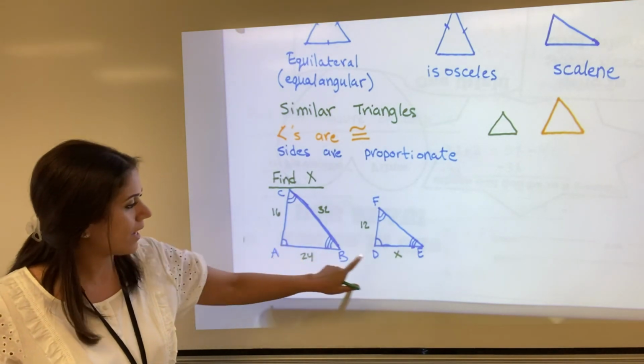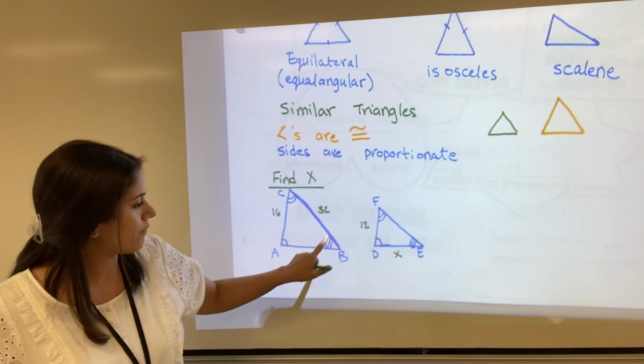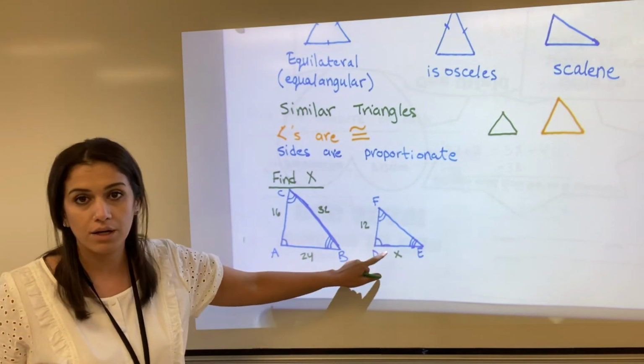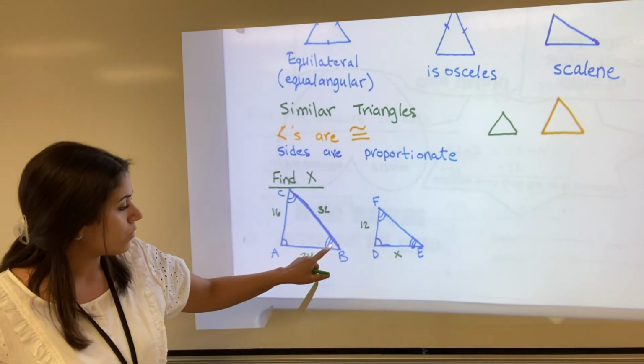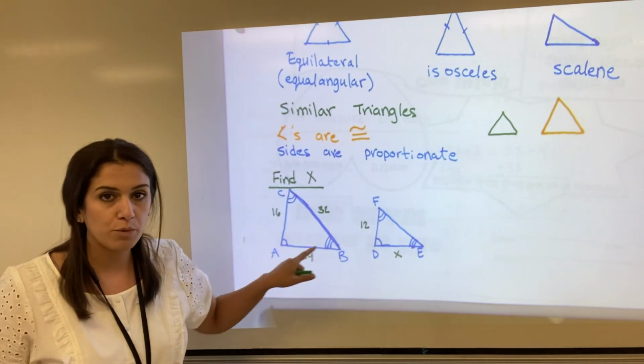So angle A is congruent to D, angle C congruent to F, angle B congruent to E. So these two triangles are similar, which means the corresponding sides are proportionate.